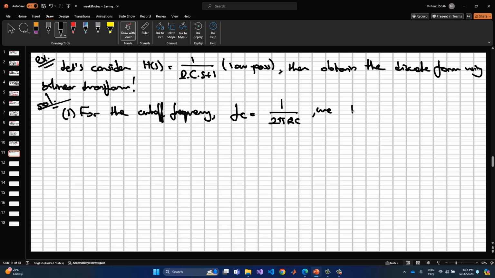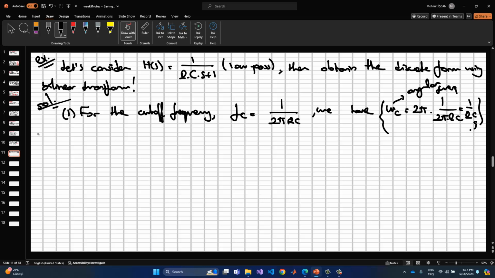And we have wc equal to 2 pi times 1 divided by 2 pi RC, which is equal to 1 divided by RC. Okay? This is the angular frequency or the cutoff frequency. Just remember that: angular frequency, not the normal one. Okay? These are the results.